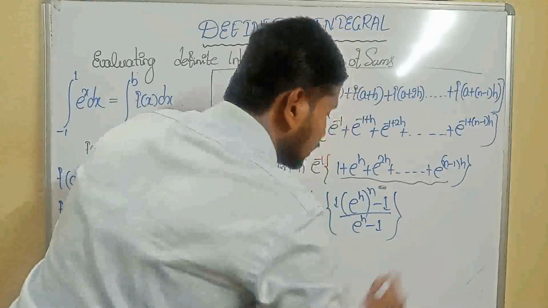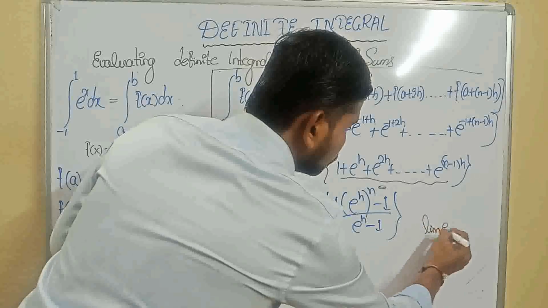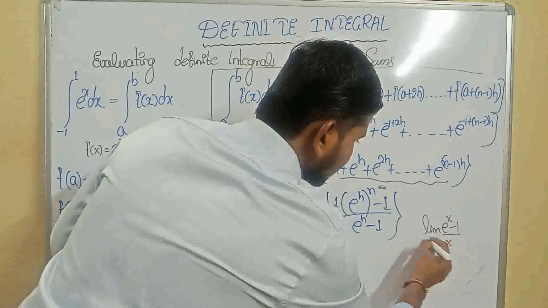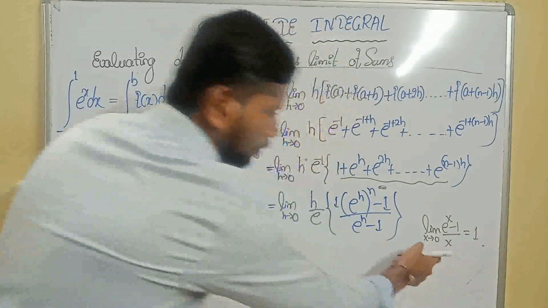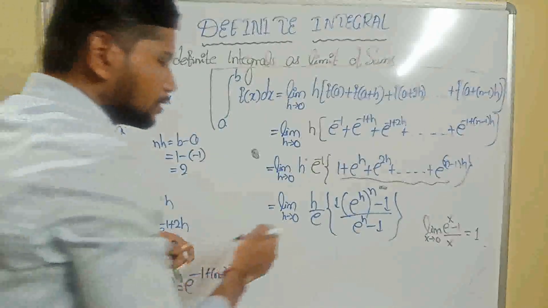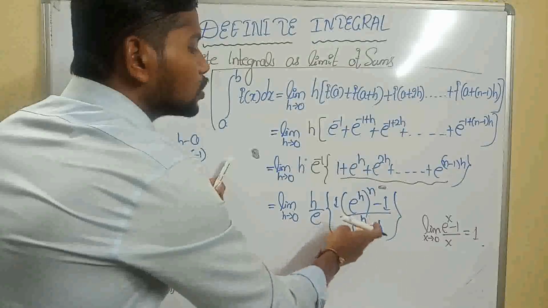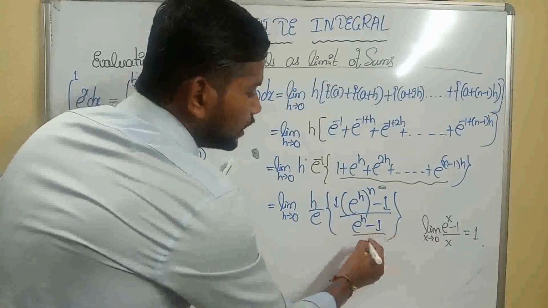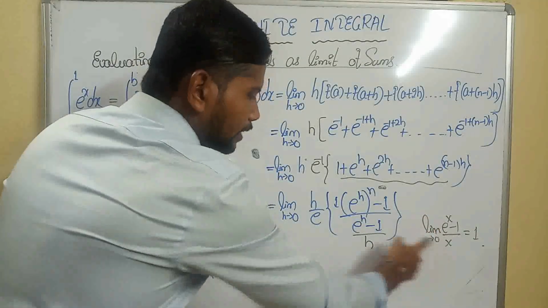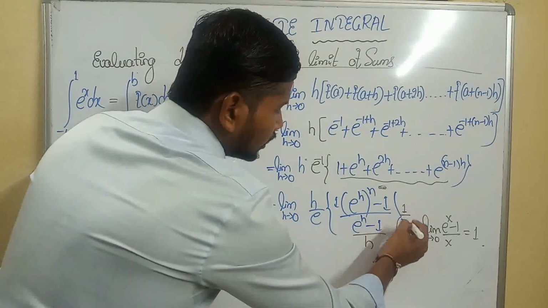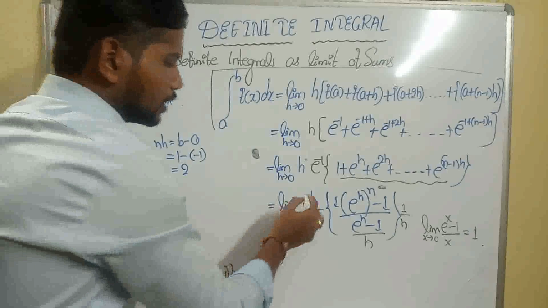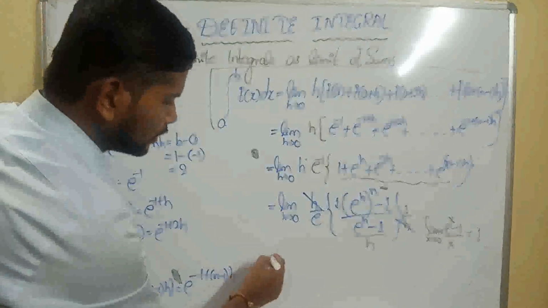That is, limit of e to the power x minus 1 divided by x as x tending to 0. Its value will be 1. Here I'd like to alter the result. Here e raised to h minus 1 is there, dividing h. Here power is x, denominator x, that's why power h, dividing h, multiplying h, dividing h. After that, this h and this h will be cancelled.